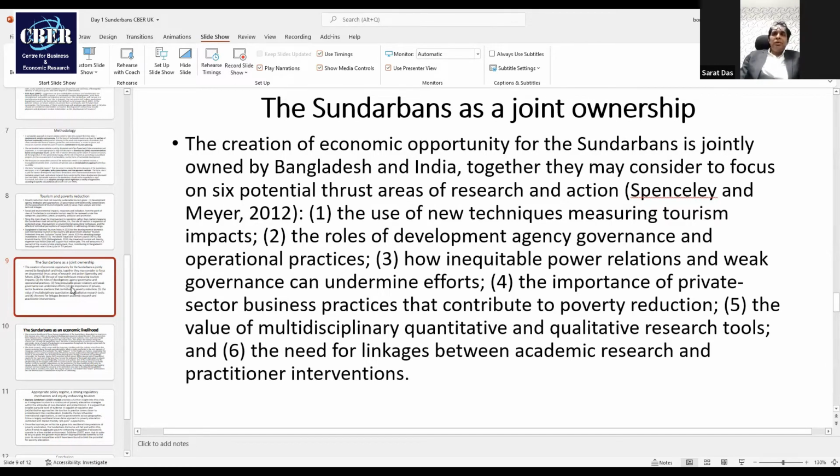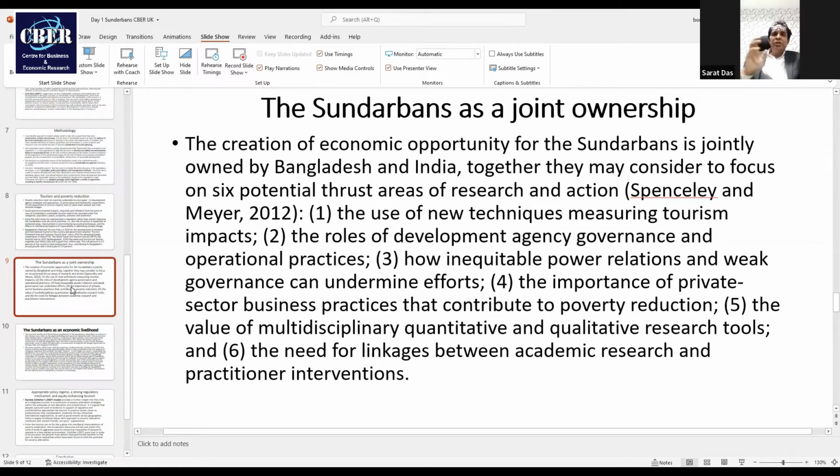Also important is the inequitable power relations and the weak governance that can undermine certain efforts that government probably would make.